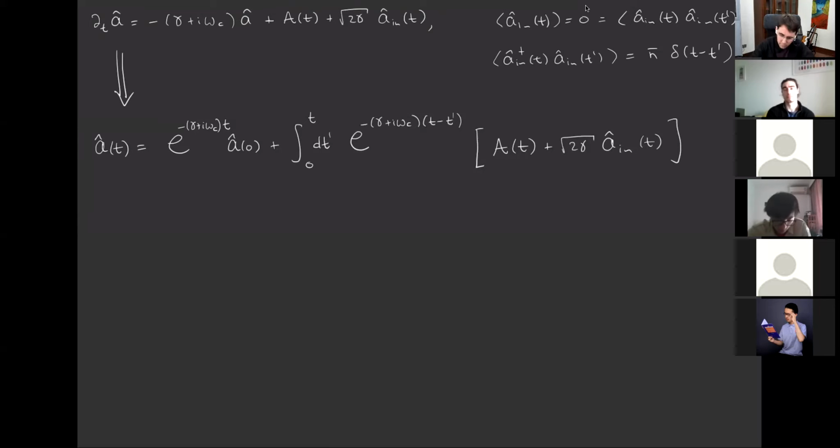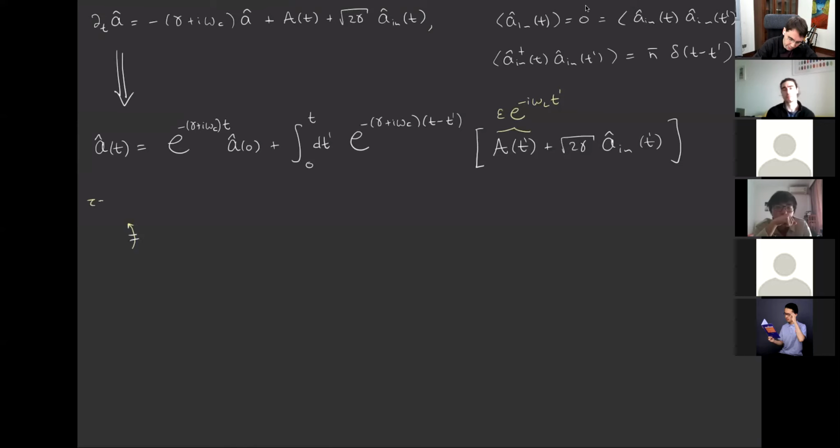Okay? Now, this A in here is very simple. So we are assuming it's a monochromatic laser. So this is just an exponential of minus i omega t prime, sorry. Of course, all of these are t primes because we are integrating them. And then this automatically means the following. So let me just make a variable change in the integral to simplify things.